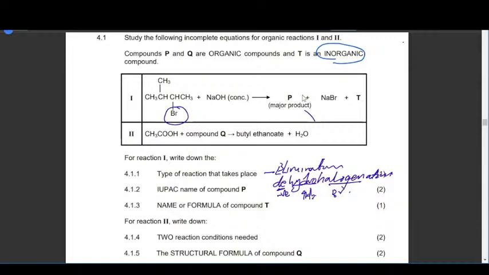So it's going to form here 1, 2, 3, 4. Remember, here there is this.